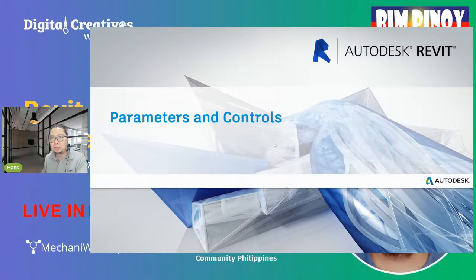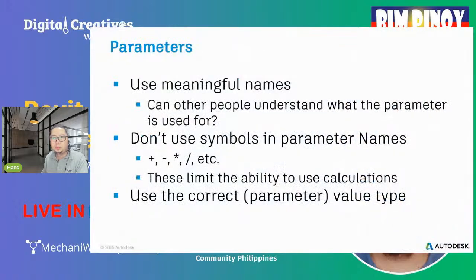For the controls, always use a meaningful name. Can other people understand what the parameter is for? So when we make and name a family, it's easier to understand.